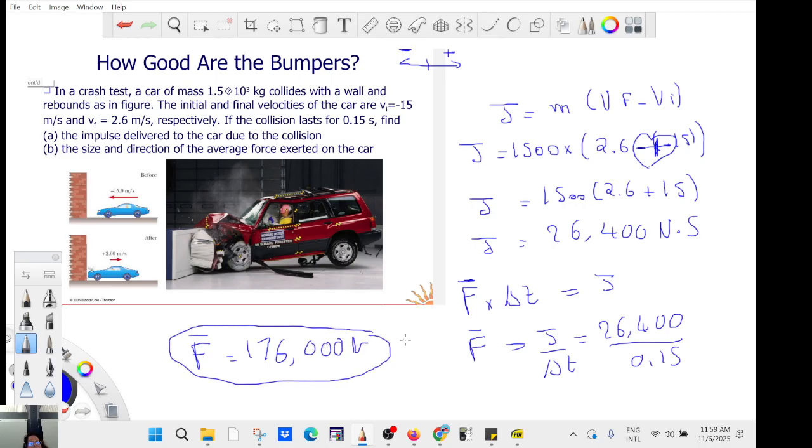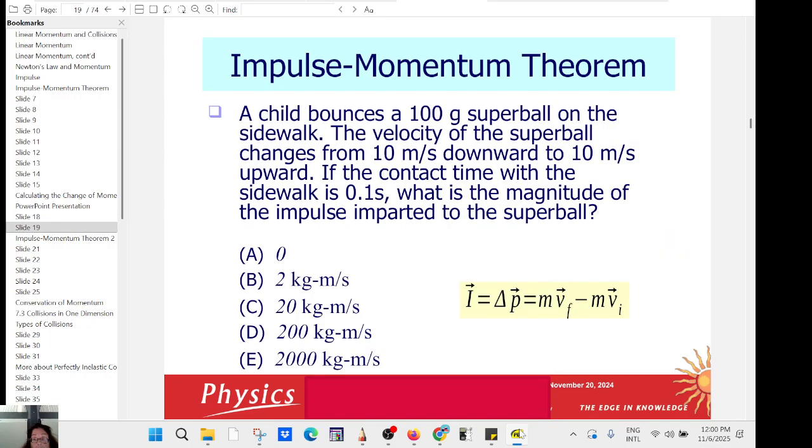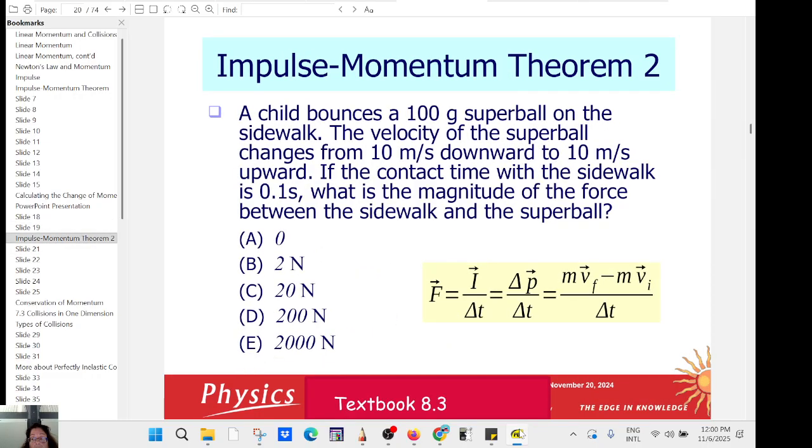Okay, so the smaller the time, the larger is the force of impact. That's why you have an airbag. If you increase the time of impact, you decrease the force. Okay? A lot of application. We'll go back to that.